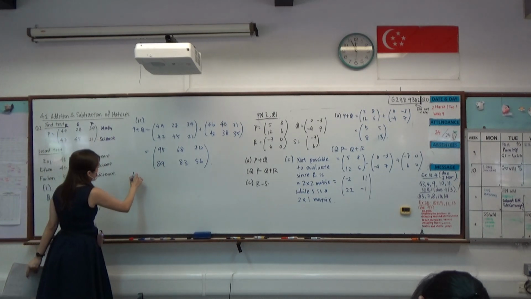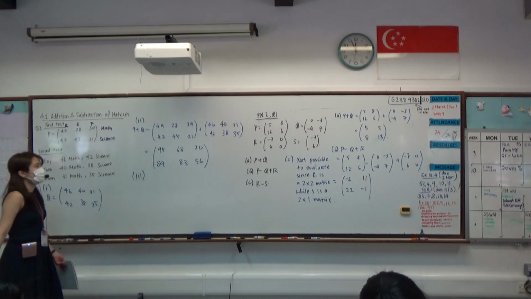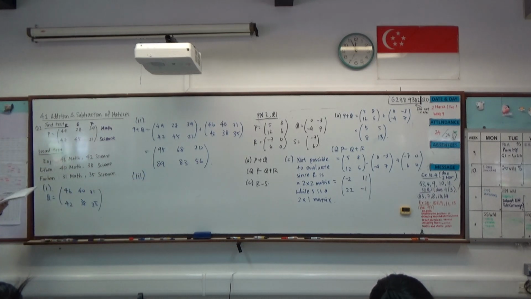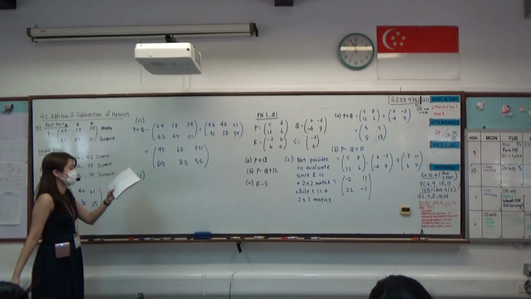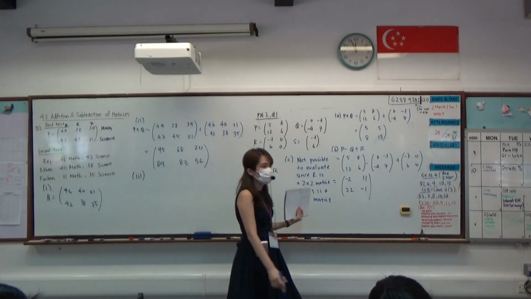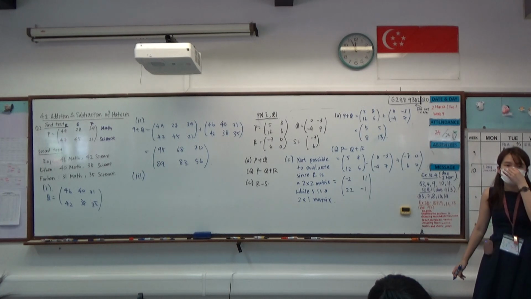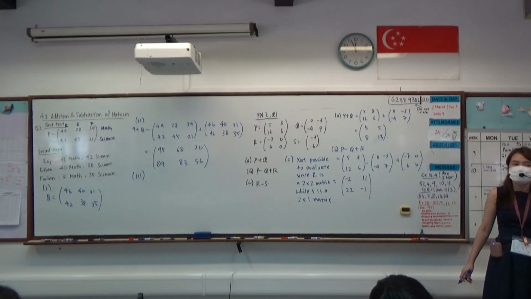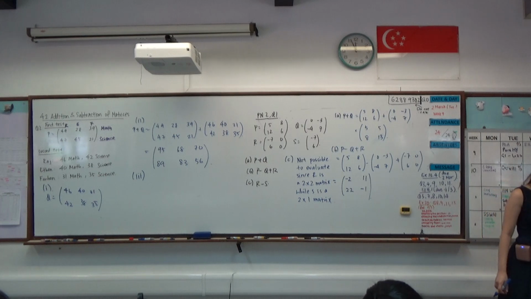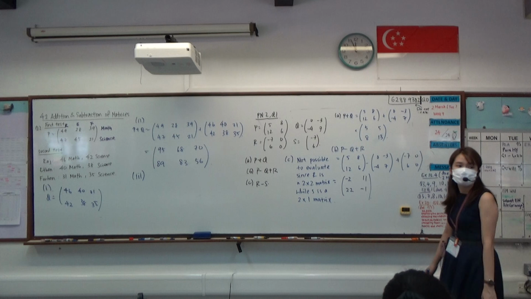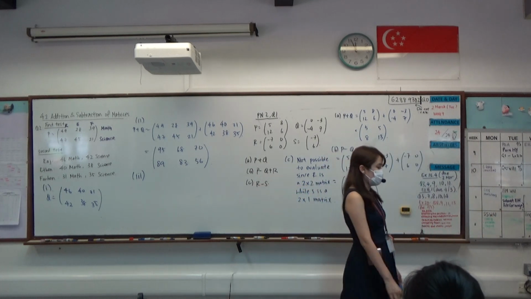And in part 3, you are asked to explain what the elements in the matrix in part 2 represent. So what do you think they represent? Katie, what do you think they represent? These elements, how will you phrase it in words?